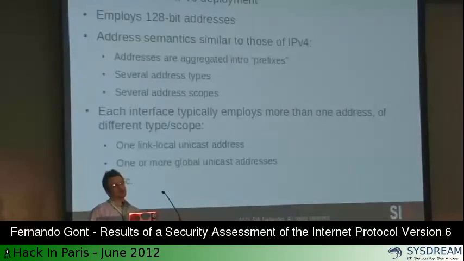Probably the only aspect in which things are a little bit different is that typically in the IPv4 case, if you look at the configuration of a network interface card, you typically have a single address assigned to that interface, whereas in the case of IPv6, you usually have more than one address assigned to one network interface. So it's not unusual, for example, to see that for a network interface card, you may have one link-local address, a couple of global addresses, and so on. But that's it when it comes to the similarities and differences between the two protocols.